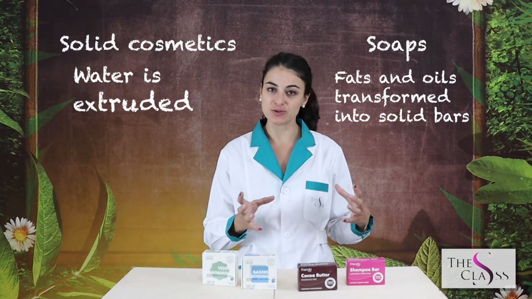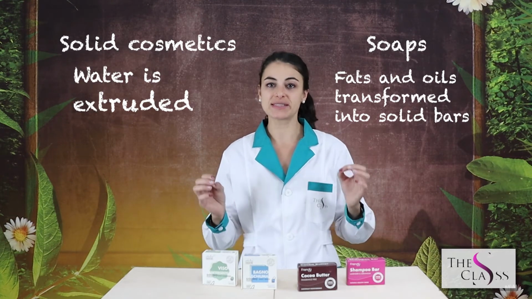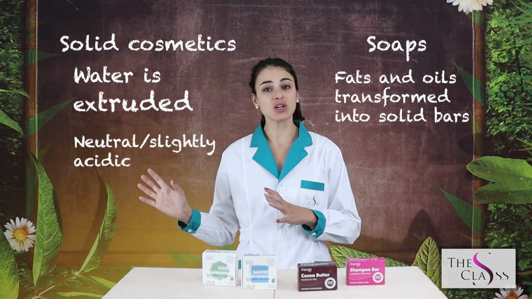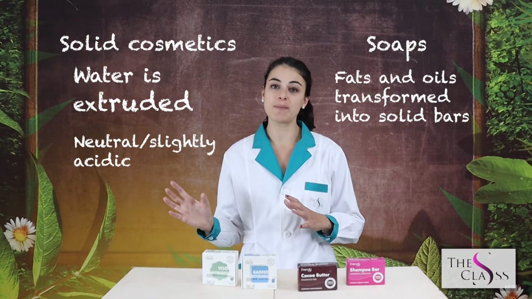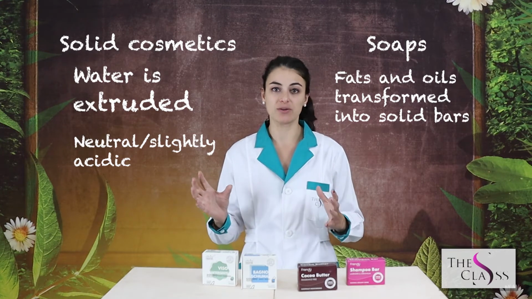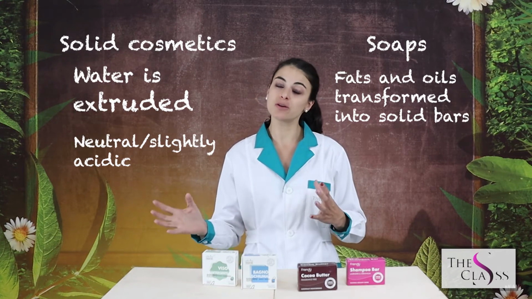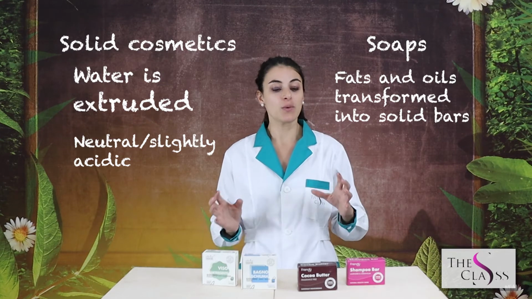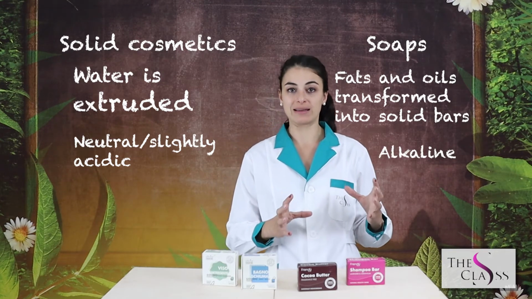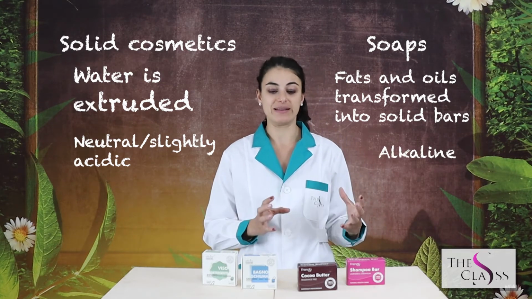There are other methods to make soap, but in general this is the main difference. Solid cosmetics usually have a pH which is similar to the one of the skin, so neutral or slightly acidic, whereas soap bars usually are alkaline, so with a pH of 8 and 9.